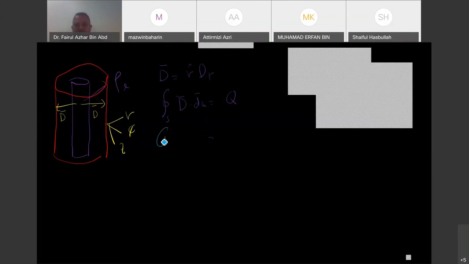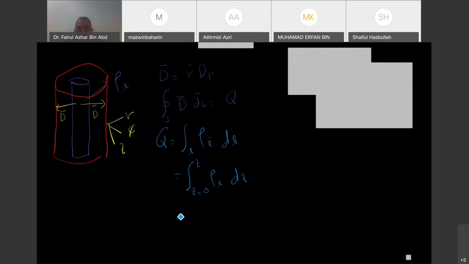First we need to find the general expression for Q. Q is equal to the line integration of rho L dl. Since the line charge density exists in the z cap direction, we integrate z from 0 until a certain value of z, so rho L and dl will be dz.